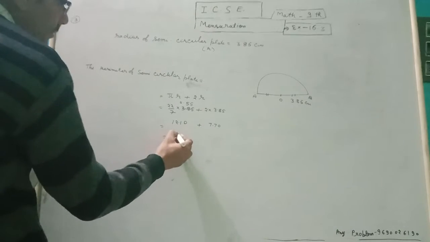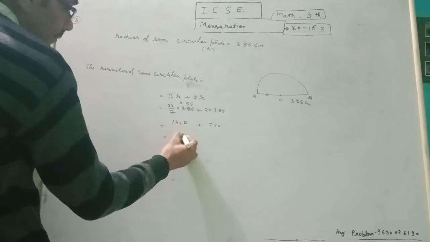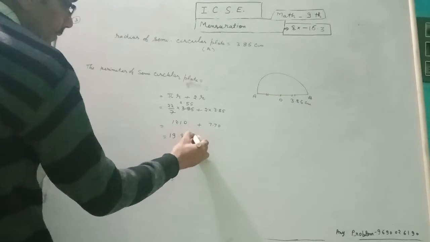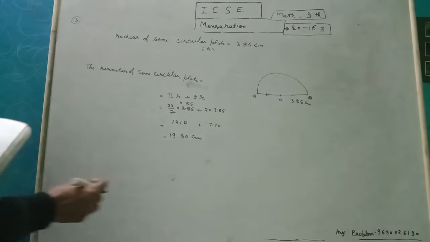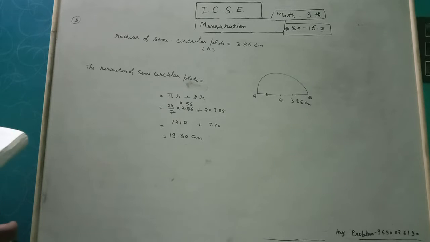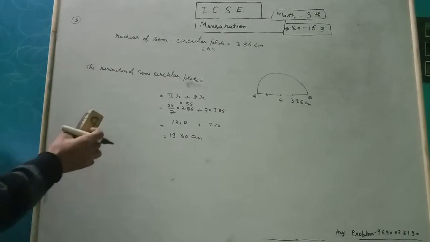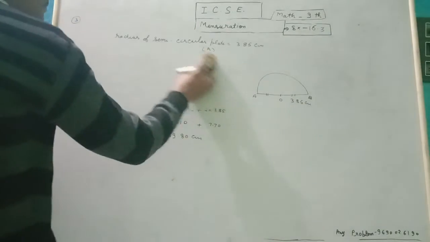After plus, 80 and 90. The perimeter of the semicircular plate is 19.8 cm.